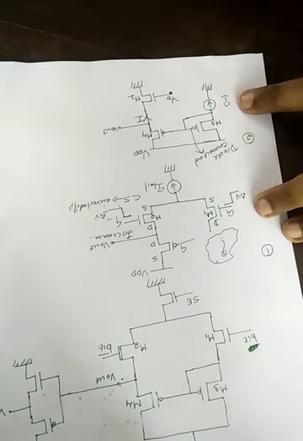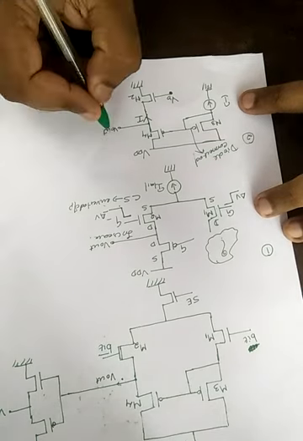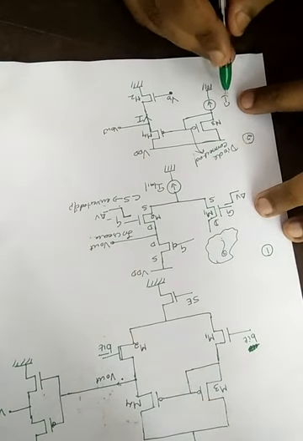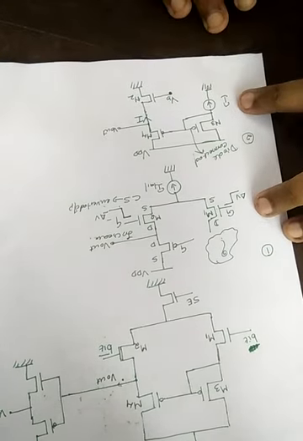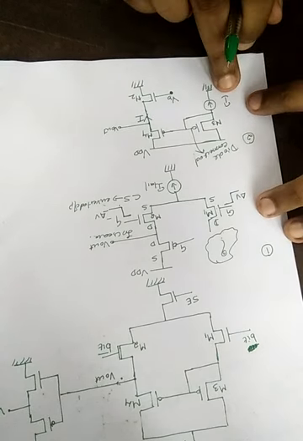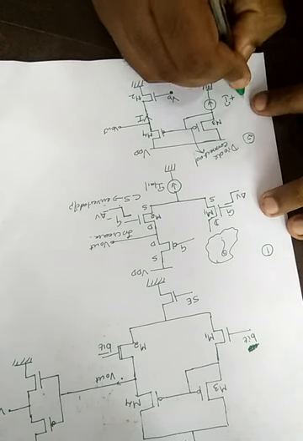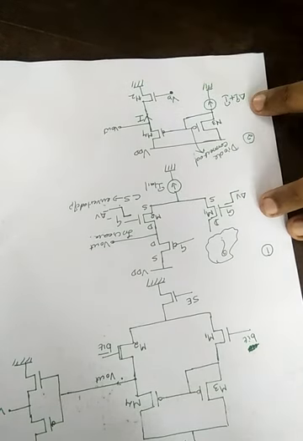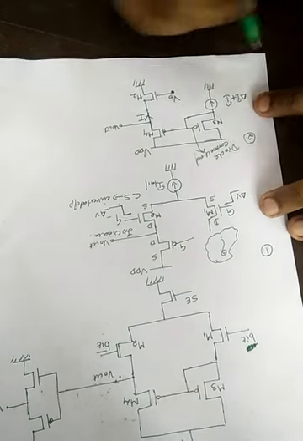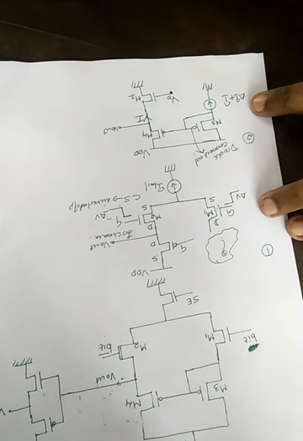Now, our analysis is in a different way. We should be able to predict what will happen to this output if I change this current I. That means if I am going to change this current I to some other value, that is, I am going to increase this current to I plus delta I, what will happen to this output, whether it increases or decreases?